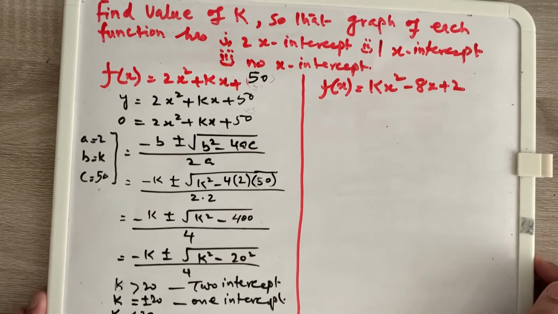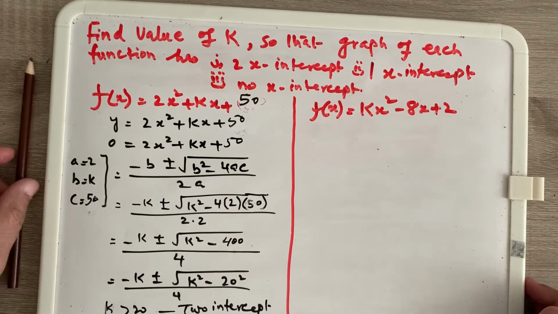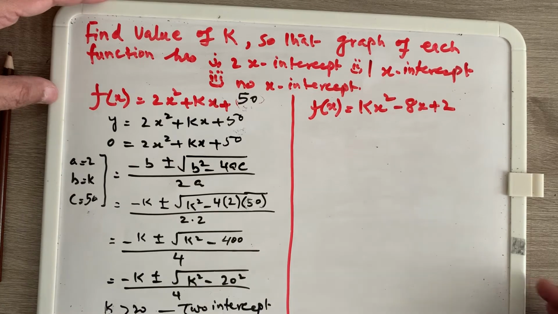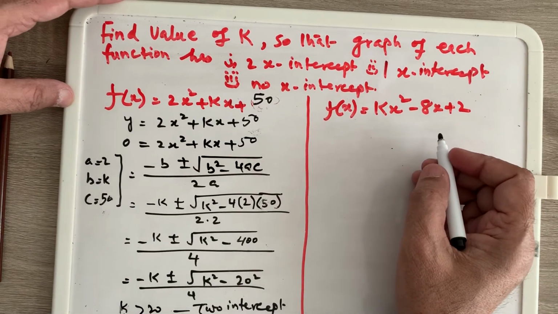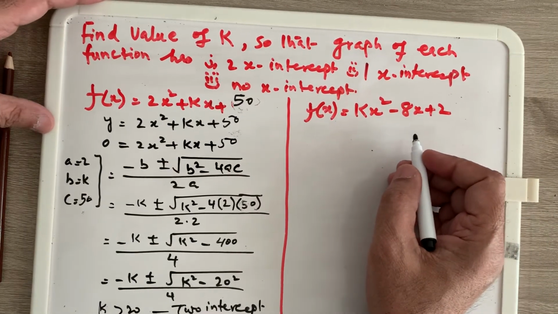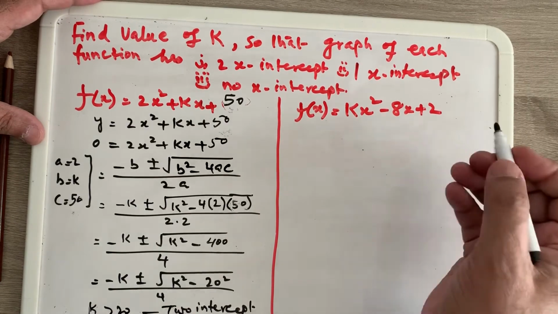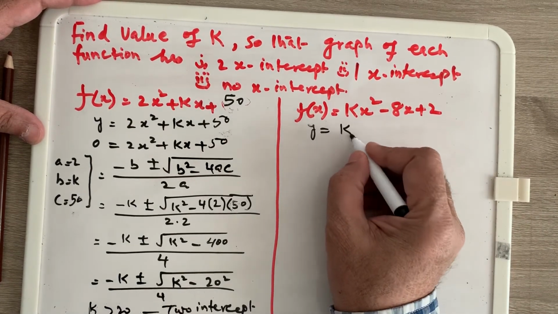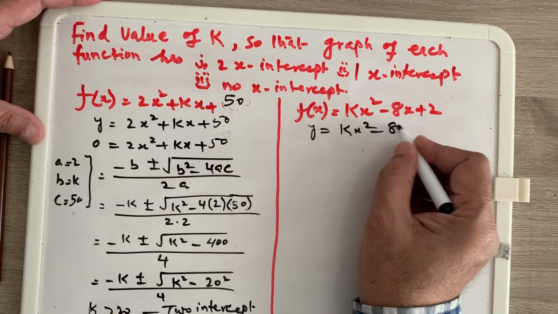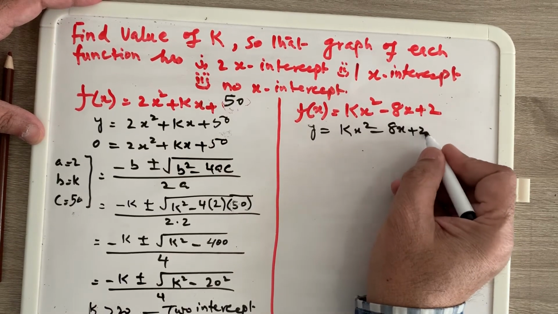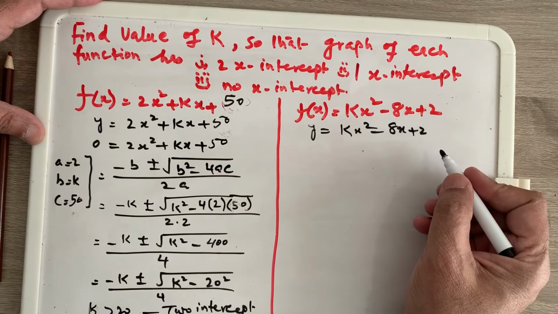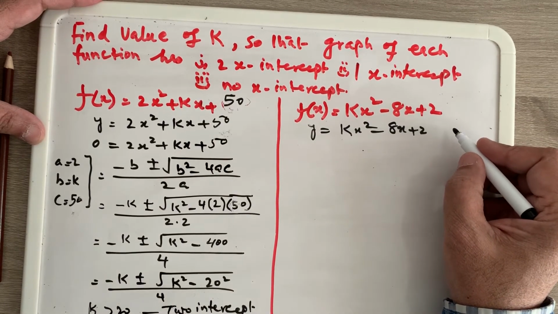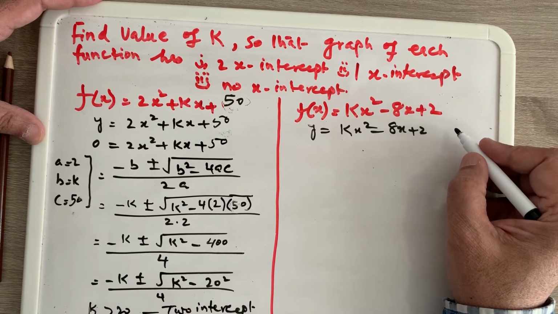So now let's take another example: f of x is equal to kx square minus 8x plus 2. I can say here again the same thing, that I am equating it to y, so y equals kx square minus 8x plus 2. This is my equation. I can compare it to the quadratic equation ax square plus bx plus c.